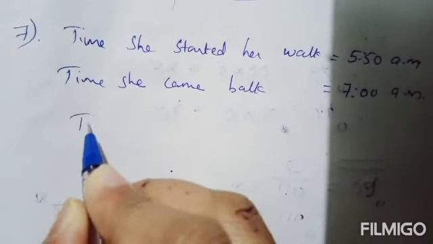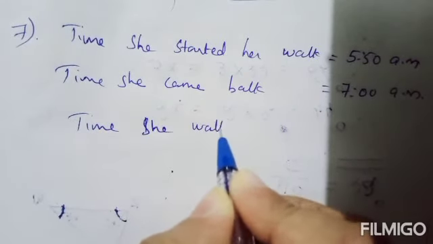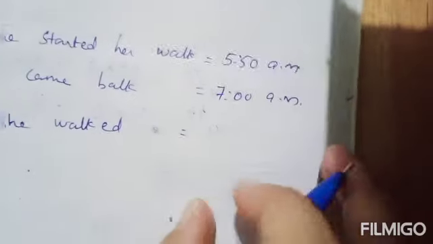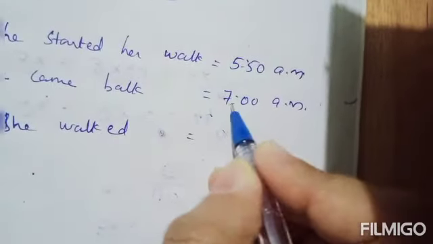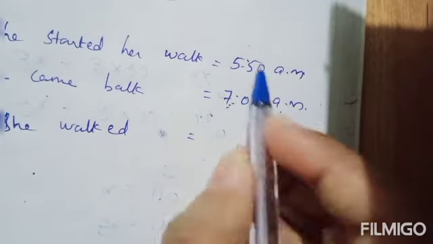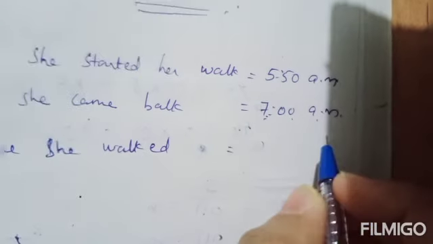The time she walked, how can you find this? Just subtract 5:50 a.m. from 7 a.m. You need to find the time interval between 5:50 a.m. and 7 a.m.